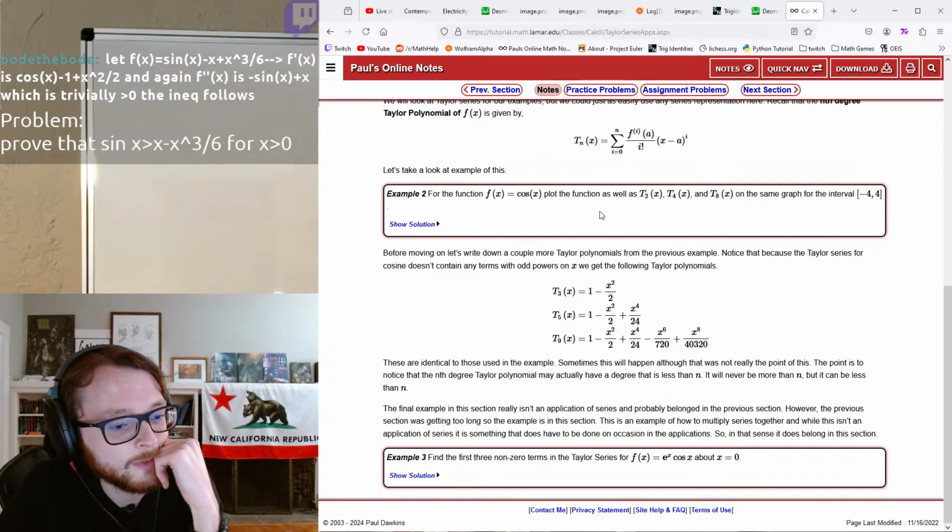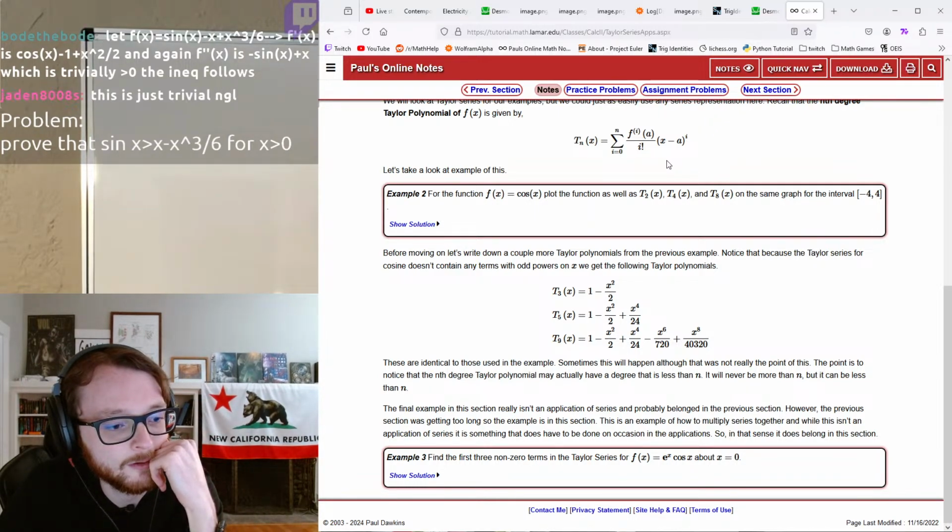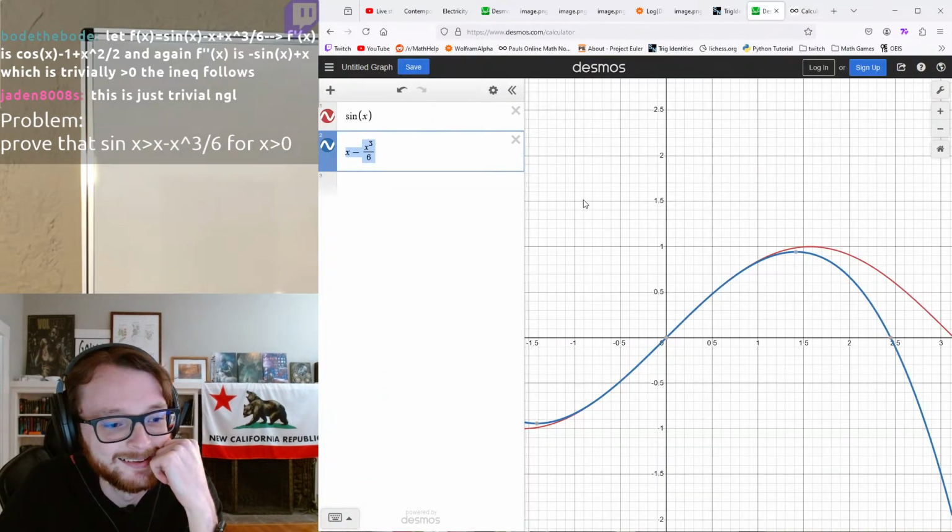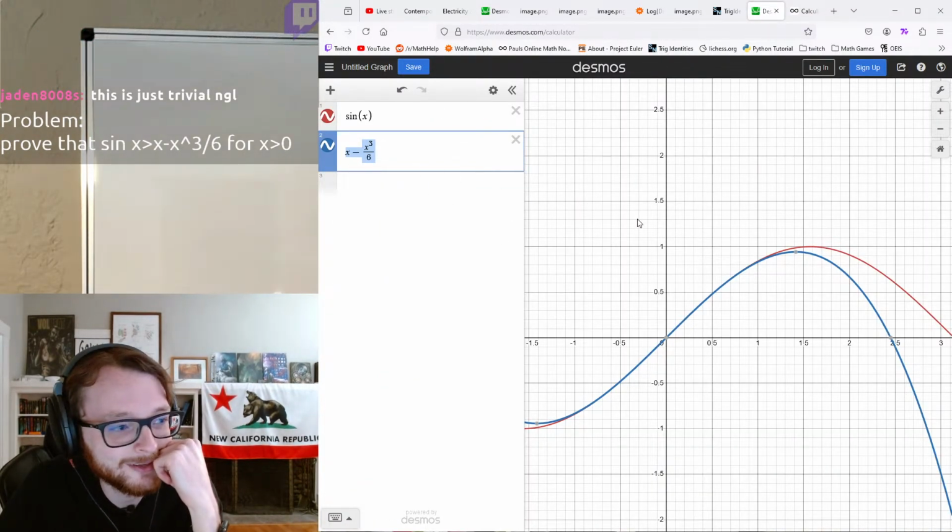If we did do that thing with letting f of x equal sine of x minus x plus x cubed over 6... I mean, yeah, the real answer is just graph it, Jaden, but I wouldn't call it trivial.